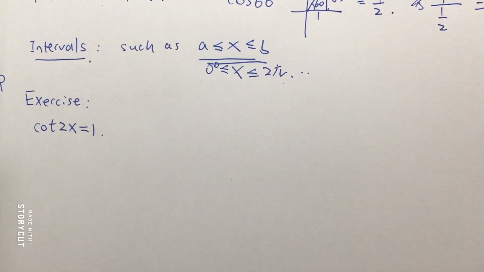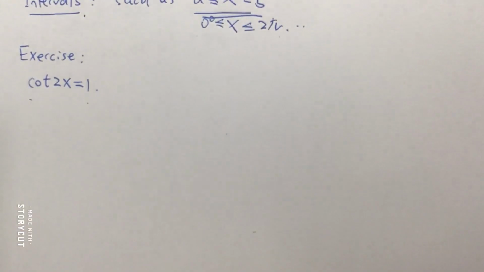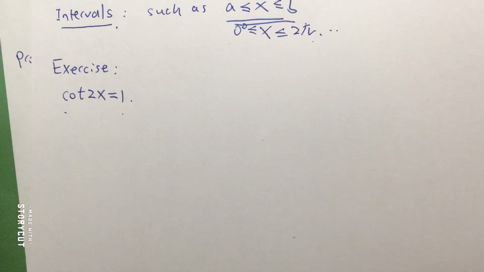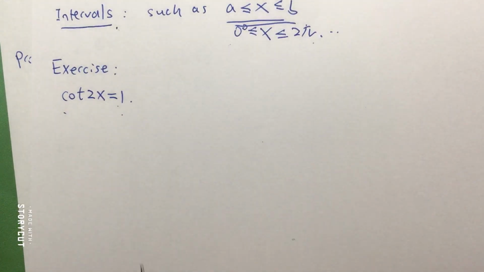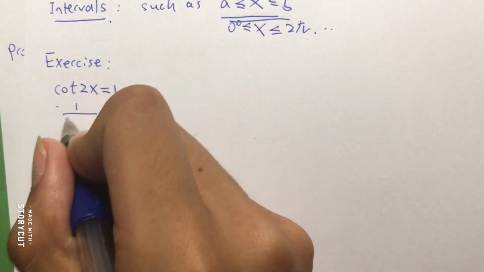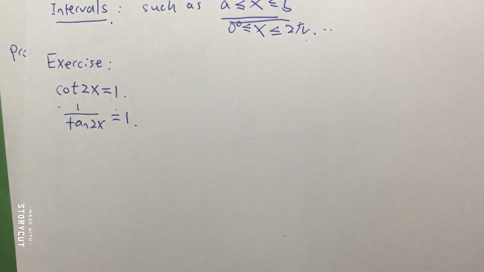So let's try an example. Cotan 2x is equal to 1. Let's change this into tan first, so it will become tan 2x equals 1.